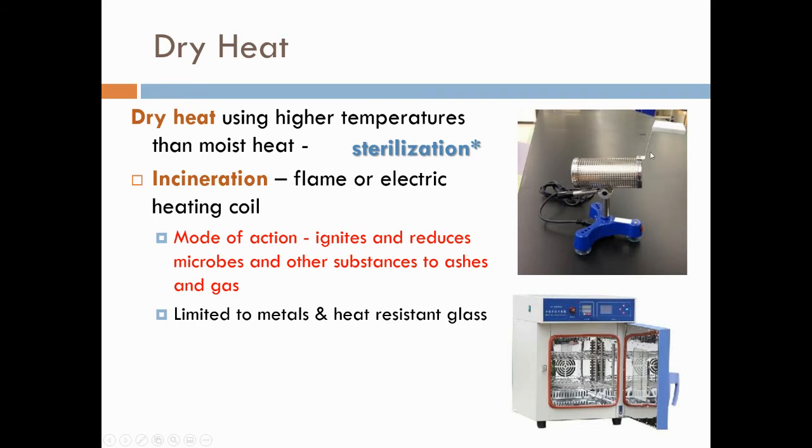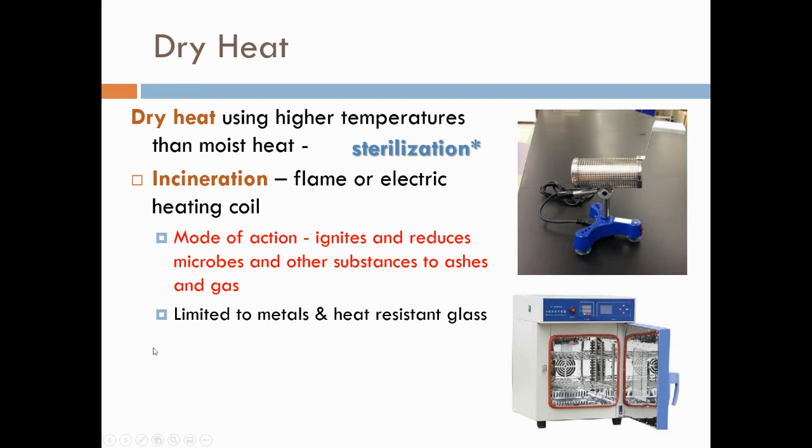In our labs, we used to just use open flamed Bunsen burners for incineration. But here we have incinerators that use an electrical heating coil, much safer, not having an open flame around. The mode of action is that we actually ignite and reduce the microbe to ashes and gas. So we completely destroy them.